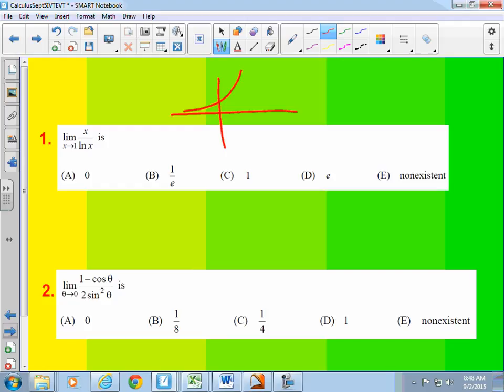So this is the point 0, 1. Logarithm has the point 1, 0, because you switch the x's and the y's. So natural log of 1 is 0, right? So I get 1 over 0. What does that mean? Non-existent, right? We've got a vertical asymptote of some sort at that point.